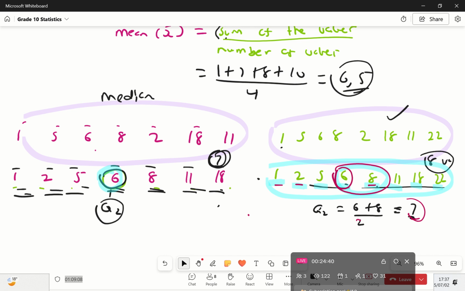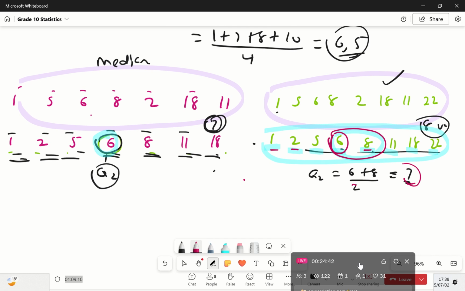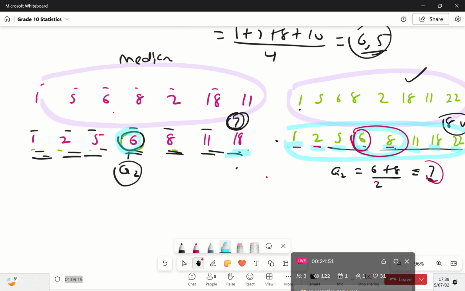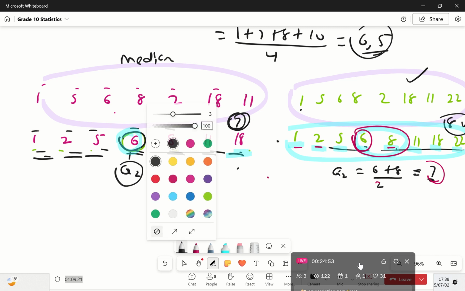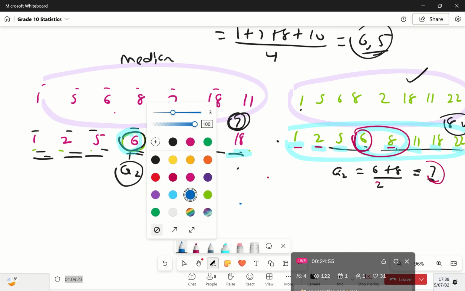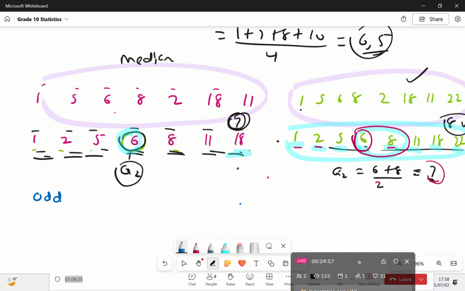All right. So sometimes you find that the list of values is long. Like maybe 21 values, or 31 values, or 51 values, or 57 values. So now this is how you locate the median when you are dealing with an odd numbered list.